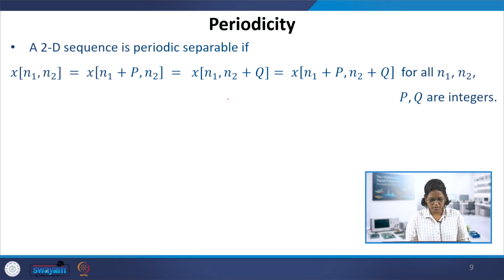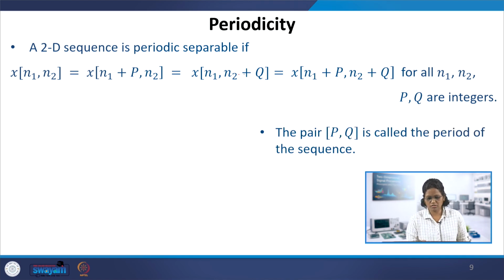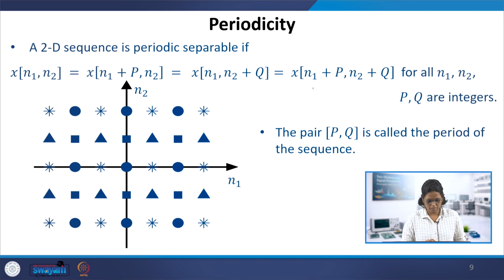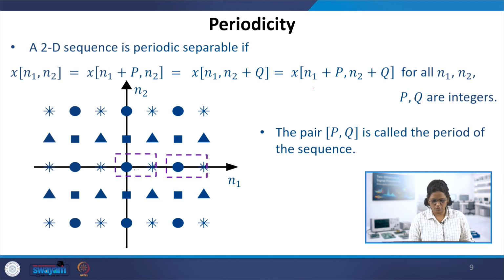We would see some examples, but we would like to plot the sequence x of N1 plus P comma N2 plus Q. This pair P and Q is called the period of the sequence. Now, in the example, you can see this 2 is repeating over here, that is row-wise, N1 plus P, and we can also see this 2, that is N2 plus Q, repeating over here.